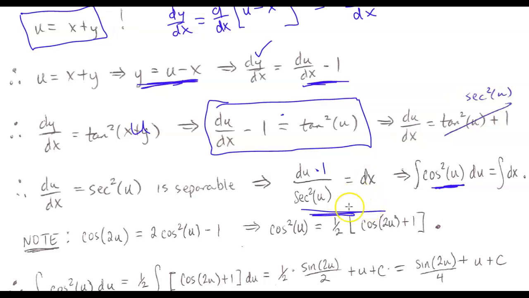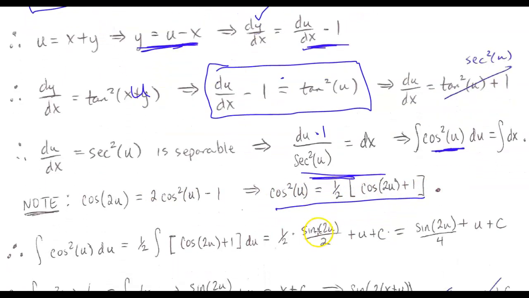And so what I do here is use one of the three trig identities for cosine of 2u, the one with cosine squared in it since that's what I need to replace. And we just manipulate that around and we see that cosine squared is the same as 1/2 of cosine of 2u plus 1, all in parentheses. And that is one of the reduction formulas from trig.